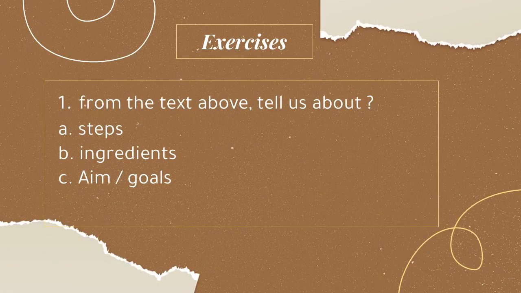For the first exercise, the text tells us about A. Steps, B. Ingredients, C. End or goals. Now I will give you some time to answer this question. A, B, or C? The best answer is B, ingredients. As you can see before, the picture is talking about the ingredients to make pecan pie.